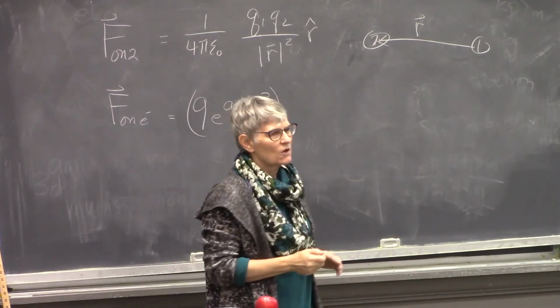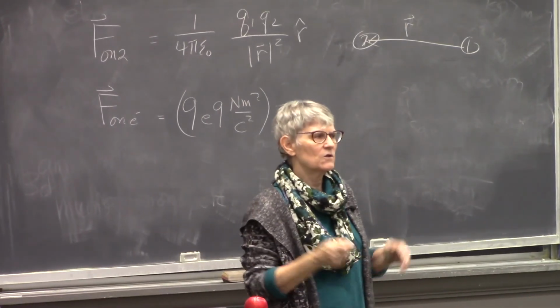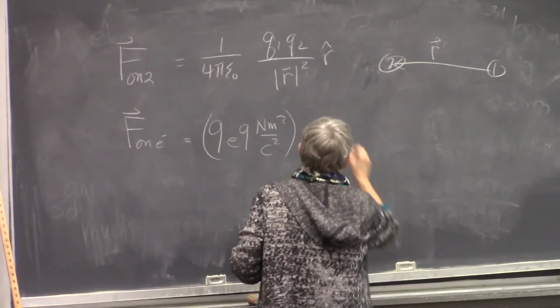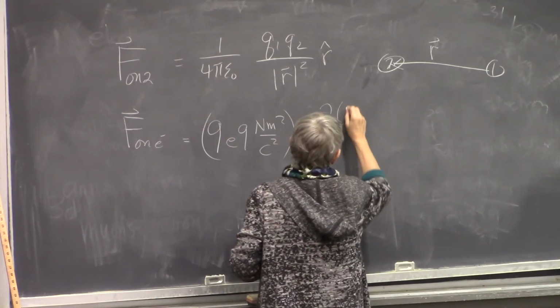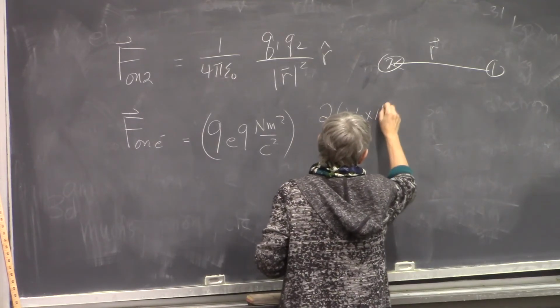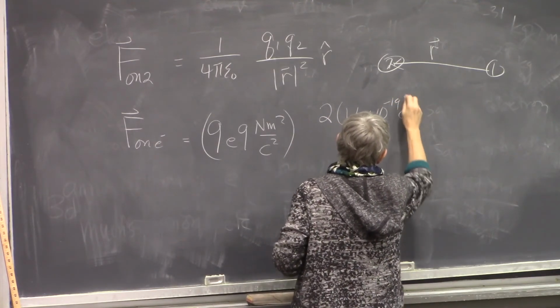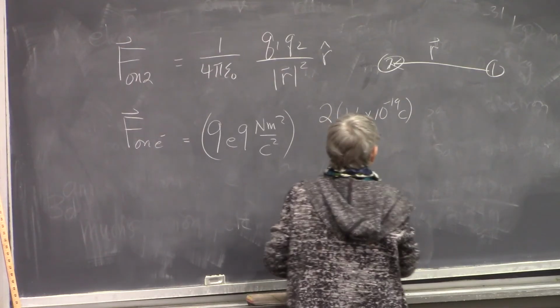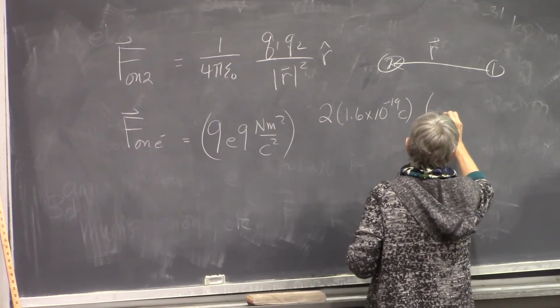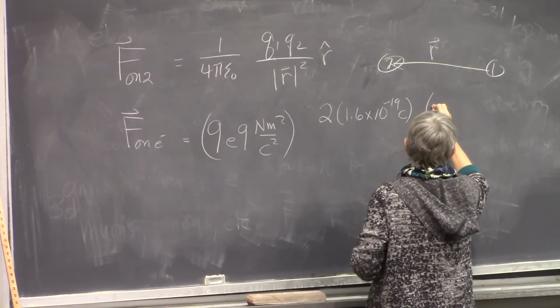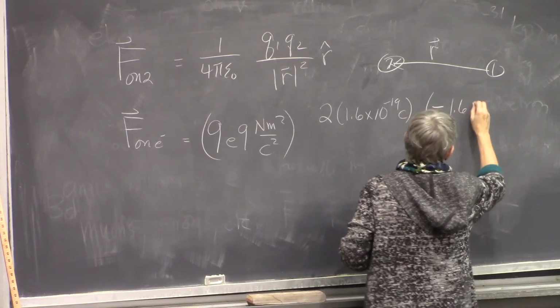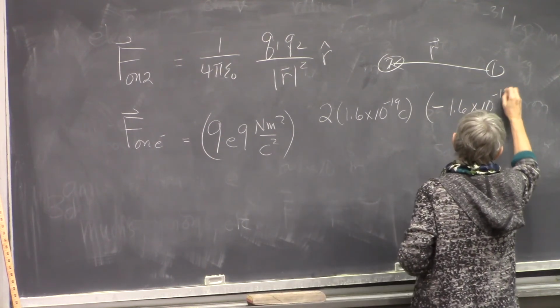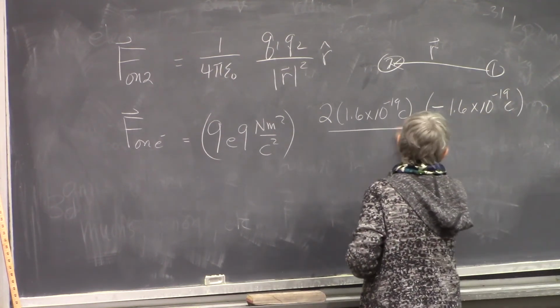We want the charge on the alpha particle, 2 times 1.6 times 10 to the minus 19 coulombs. The charge on the electron, which is minus 1.6 times 10 to the minus 19 coulombs.